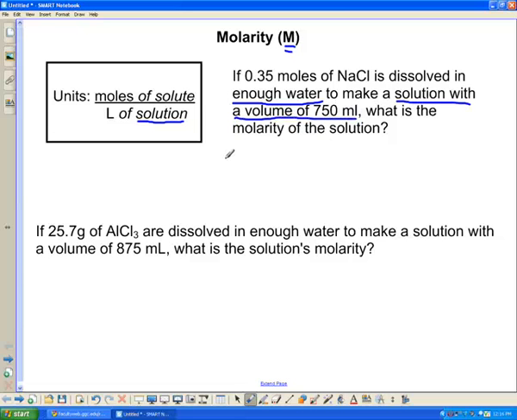So all you're going to do here then, if you want to figure out your molarity, it's really very simple, and most of you will have figured it out already. You take the moles of the solute, which in this case we're already given, 0.35 moles of NaCl, all divided by the volume of the solution in liters.